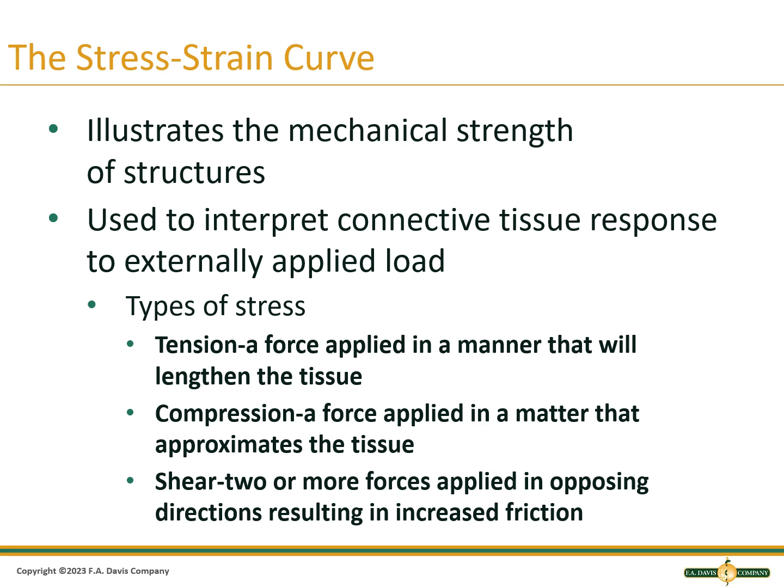Weight bearing typically compresses our joints, and so that's where we see compressive forces. And then shearing is where we have two or more forces applied in opposing directions, resulting in increased friction. We can think of skin breakdown as where we most commonly want to avoid shearing forces, but we also need to avoid shearing forces at the joint level, especially looking at alignment and stabilization when applying stretches.